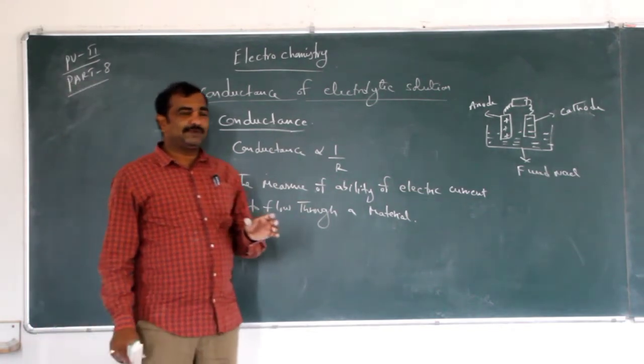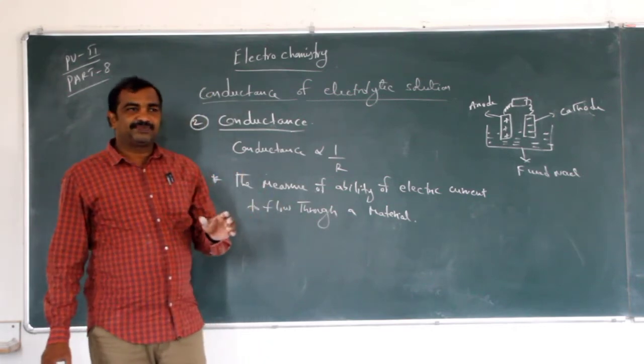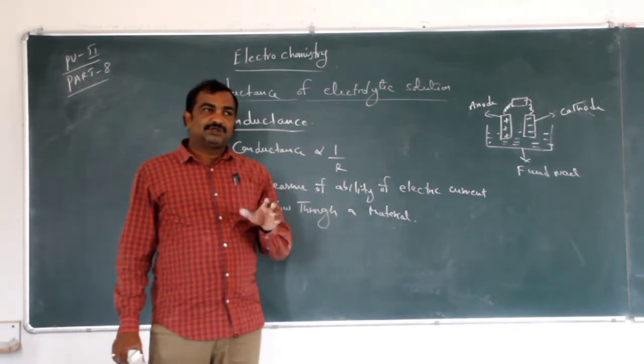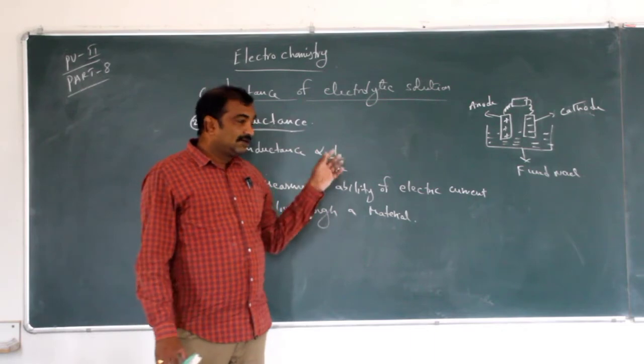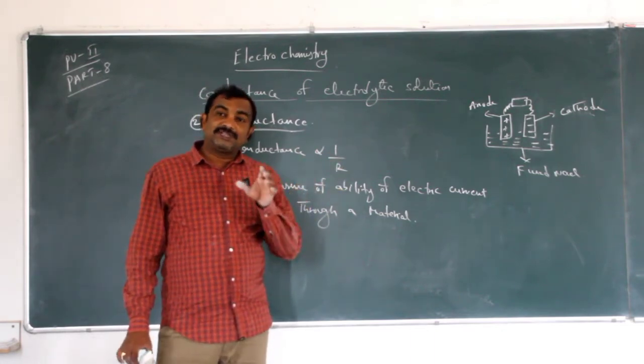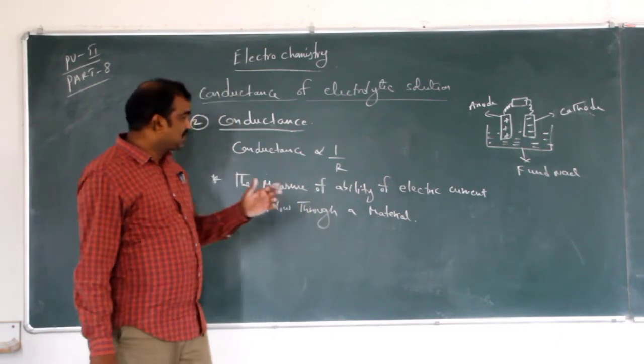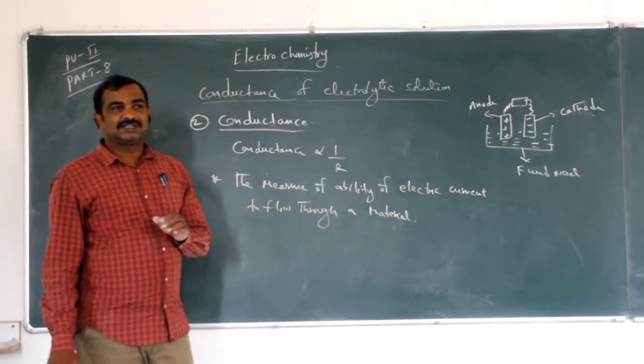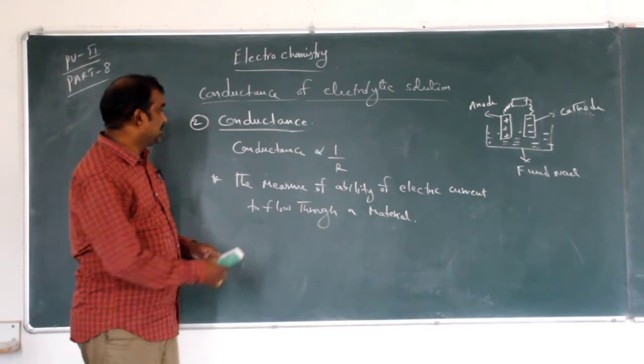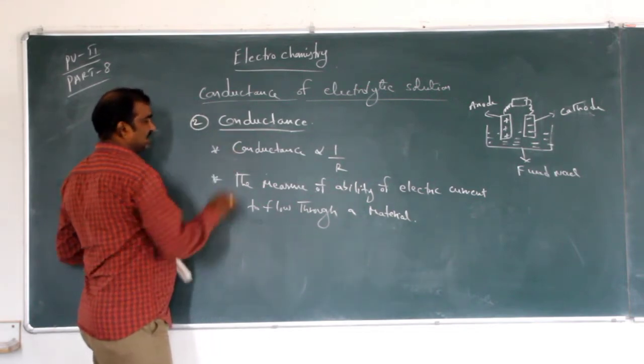Simply we can say, one material is there, and how much electric current will flow from that material, that we are measuring. That is called conductance, or the inverse of resistance is called conductance.